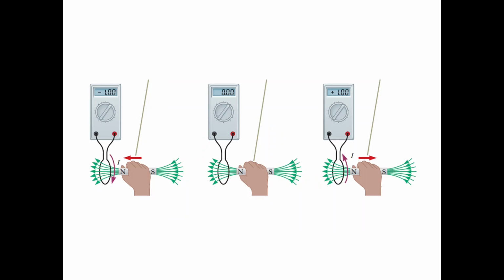So if, for instance, we operate this multimeter as a voltmeter, we have some current loop, some wire, and we place a permanent magnet closer to this loop.